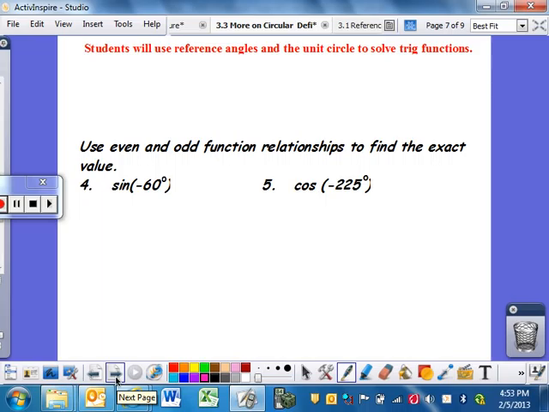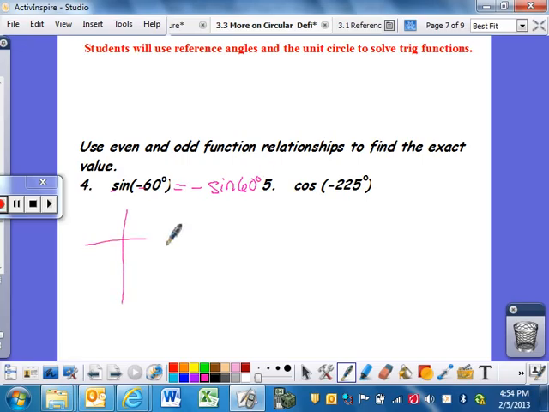Now, what are you actually going to see on the problem or test or quiz to do these? If I give you sine of negative 60 degrees, you can use these odd-even relationships, and let's look at our salmon sheet. Sine of a negative angle would be the same thing as saying negative sine of the same positive angle. This just allows us to be able to graph our equation into a quadrant that we're used to.